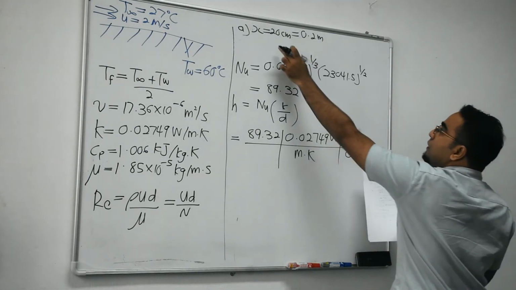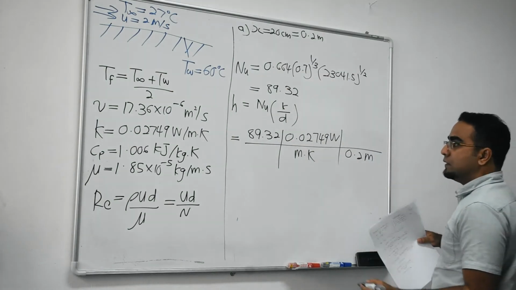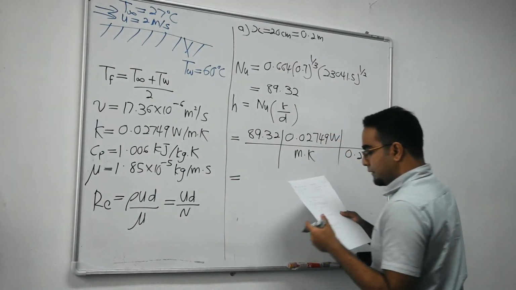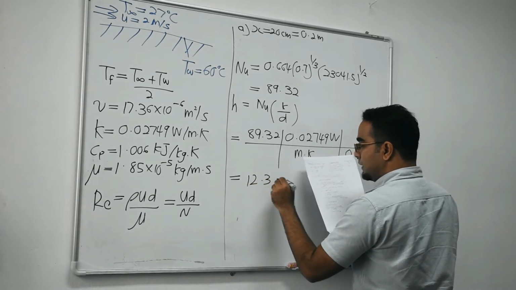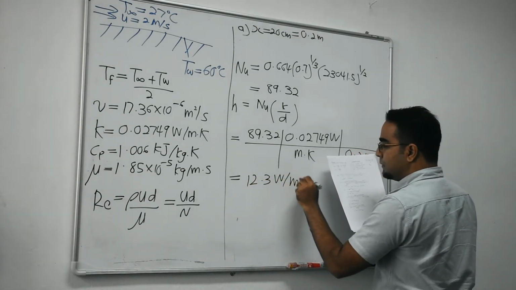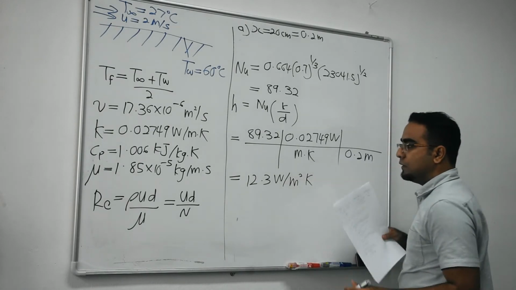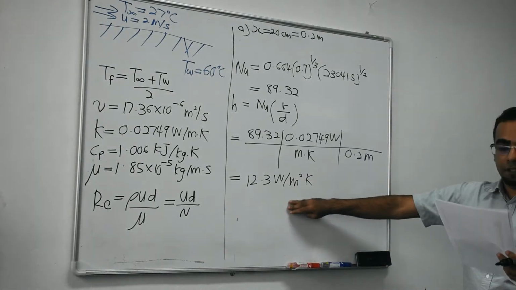This is the value of our characteristic length, and then we'll get a value of 12.3 watt per meter squared Kelvin. So this is the value of h.